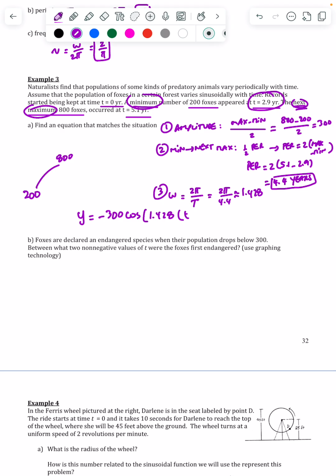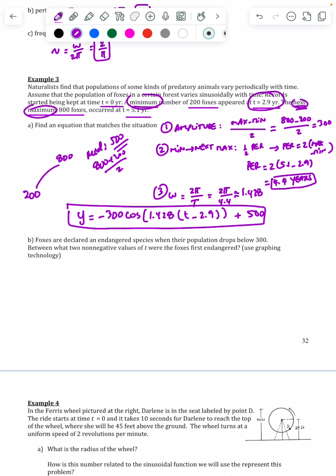So it's 1.428 quantity t minus 2.9, close parenthesis, and then don't forget, if 300 is my amplitude and 200 is min and 800 is max, that means my midline is at 500, right? You can also do 800 plus 200 divided by 2. So that's plus 500, and that is my final equation.